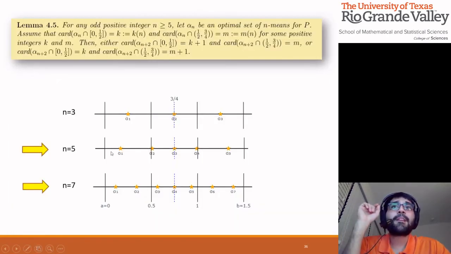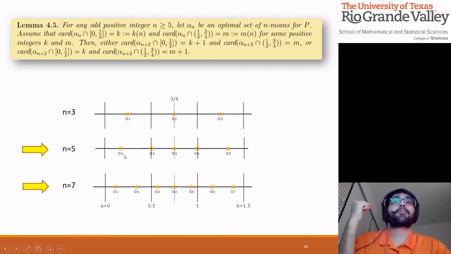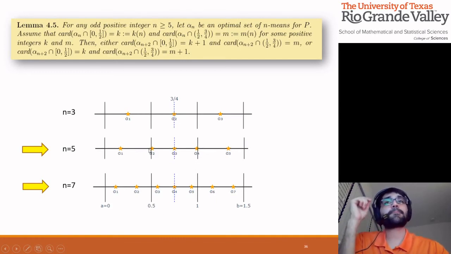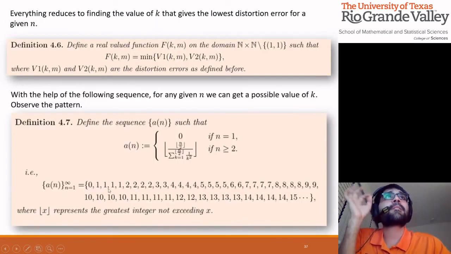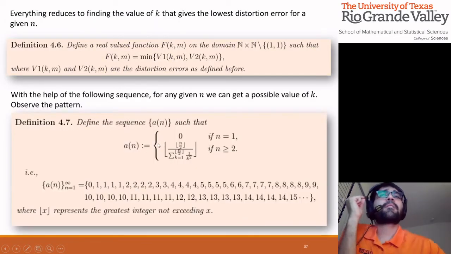So the initial guess of 1 is in this case correct. We only have actually one quantizer between 0 and 0.5. Look at here. When n equals 7, we have how many? Two quantizers between 0 and 0.5. So let's see the number that the initial guess from the sequence will give us.